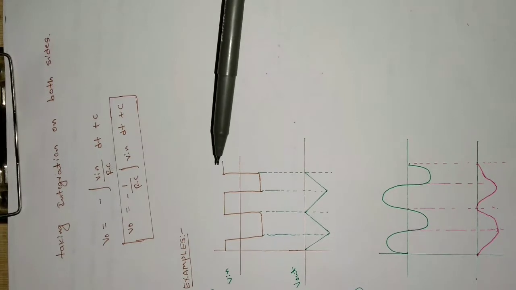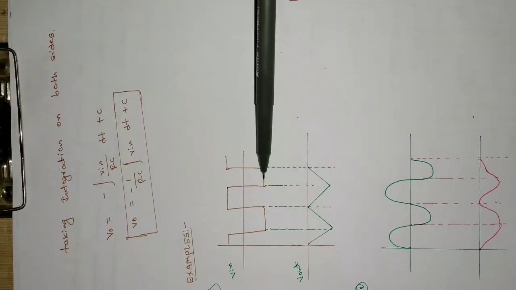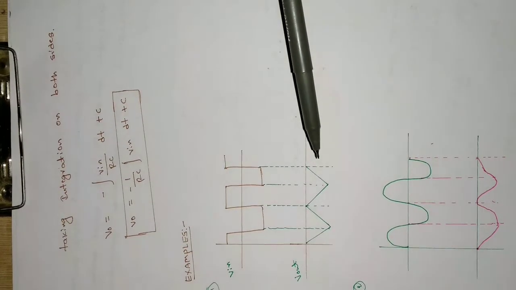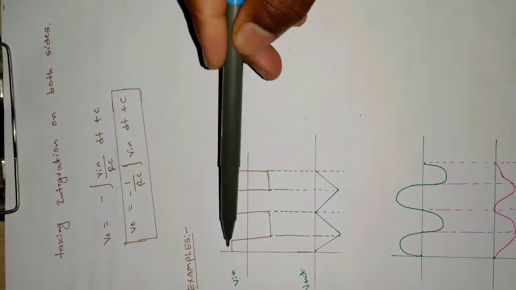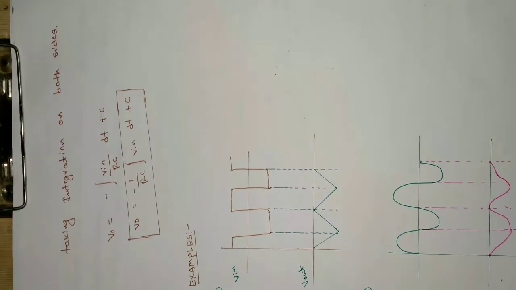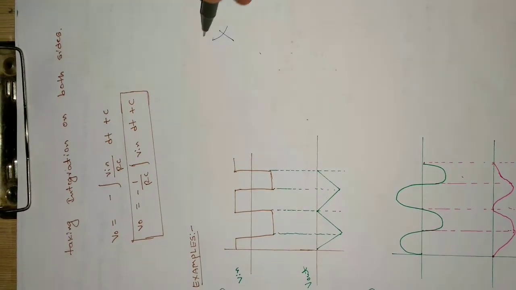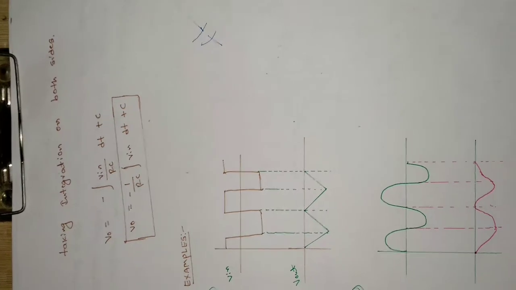So when we give the input as a square wave, like this, we will be getting a triangular wave there. So what is happening here is, during the positive peak, the capacitor charges. We know that a capacitor takes more time to charge and less time to discharge.